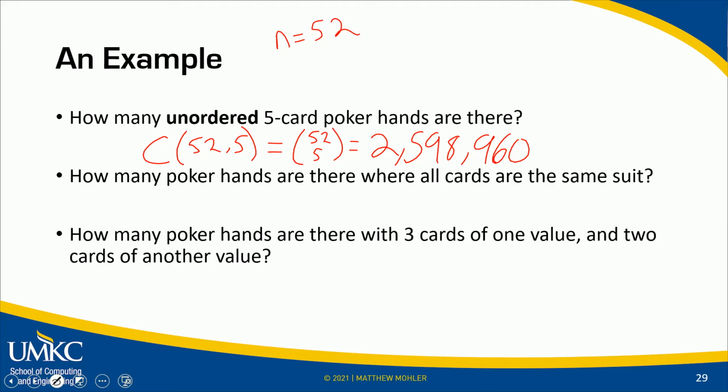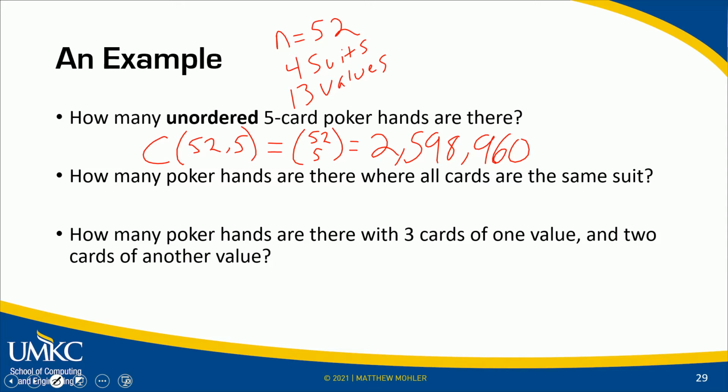The next question gets a little bit different, and we'll kind of stretch ourselves a little bit here. And that is, how many poker hands are there where all of the cards are the same suit? So in any poker hand, there are 4 different suits, and each of those suits are made up of 13 values, or different faces on those cards, as some may call them.